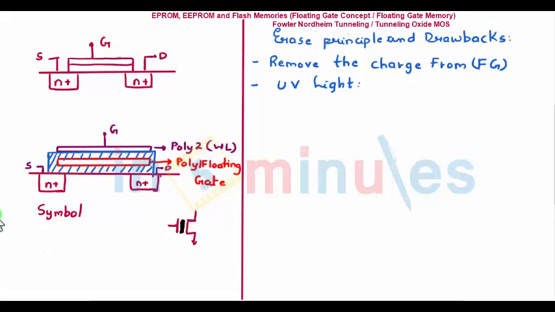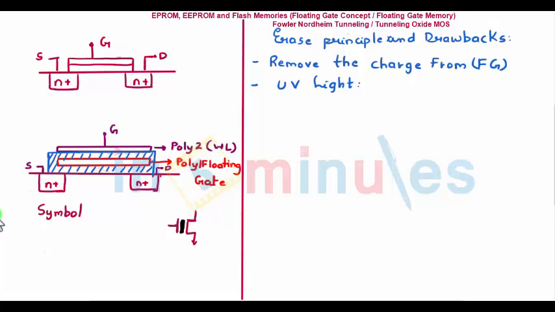Basically, you take this chip and expose it to ultraviolet light through a glass window which is present at the top of the chip. So there is an IC, and on top of it there is a glass window.